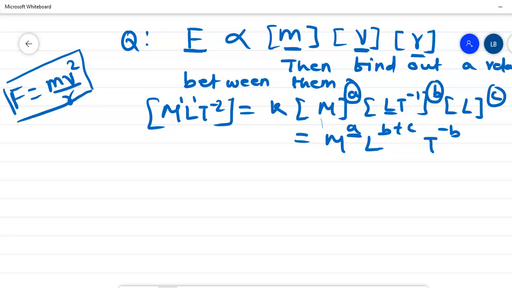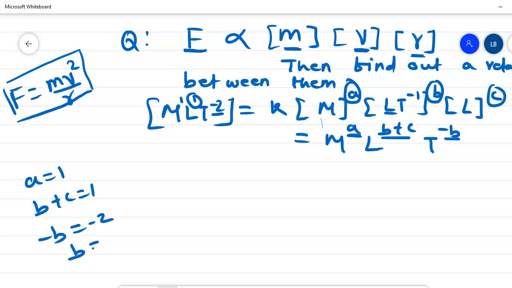So a is 1, from equation 1. Then b plus c is again 1, so b plus c equal to 1. And minus b equal to minus 2, so b equal to 2. So this is equation 3.